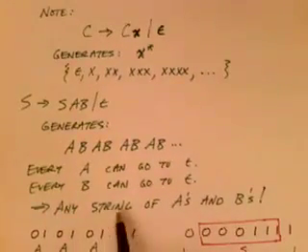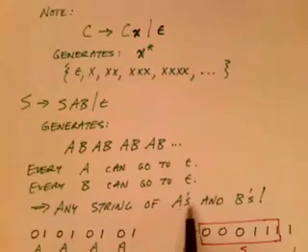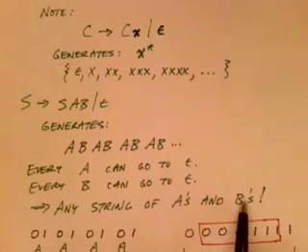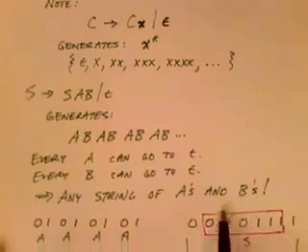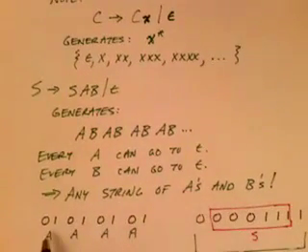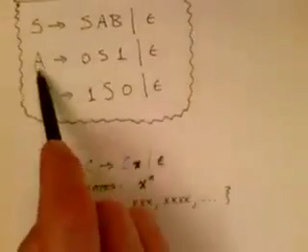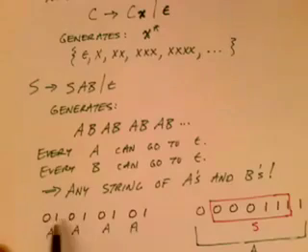So basically, we can derive any string of A's and B's that we want. Okay, any arbitrary string of A's and B's. So, for example, we might have a string of just all A's, and then we can expand them using the rule for A, that A goes to 0 1. And we could get the string 0 1 0 1 0 1.